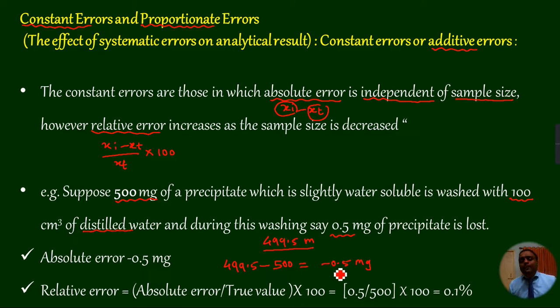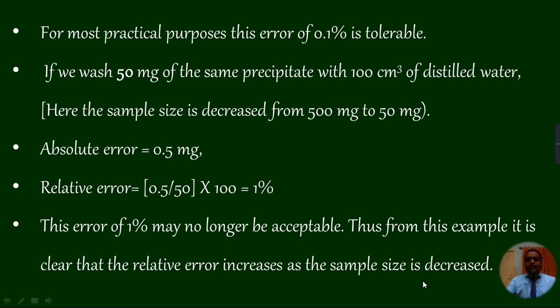Now if you divide this 0.5 by the true value, that is 500, you will get the relative error. That is, relative error is equal to absolute error divided by true value into 100 in percentage. So 0.5 divided by 500 into 100, you will get a 0.1% relative error.